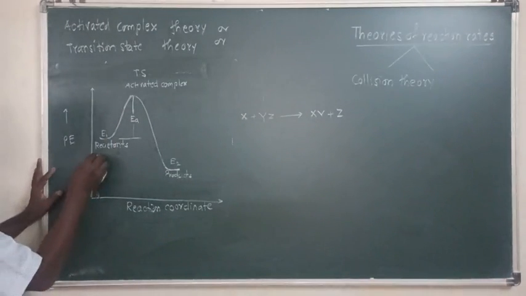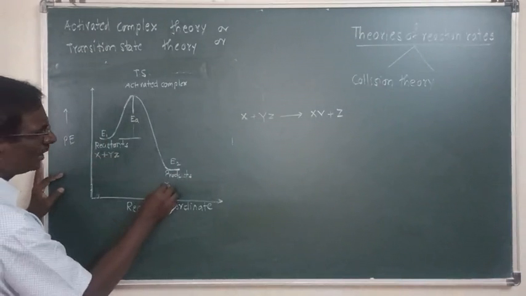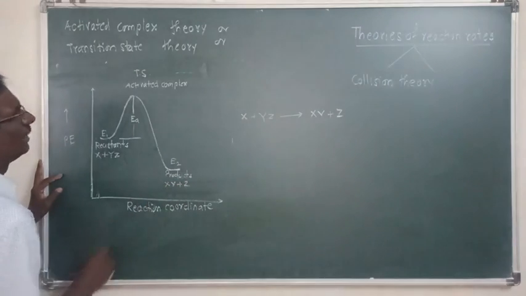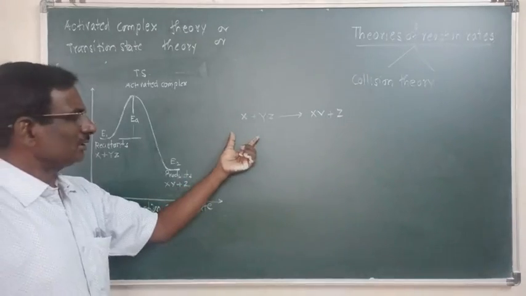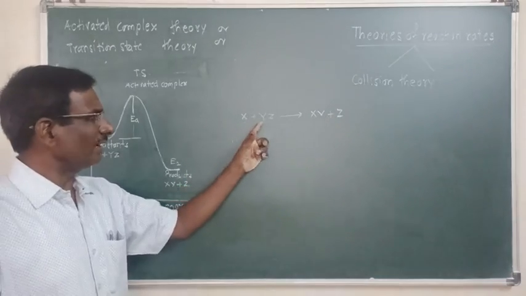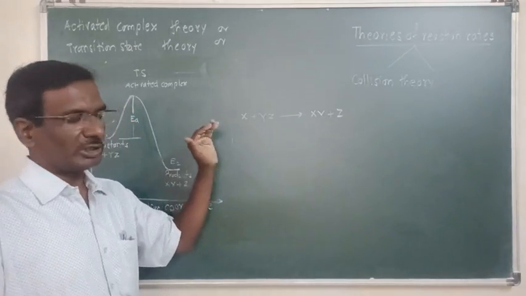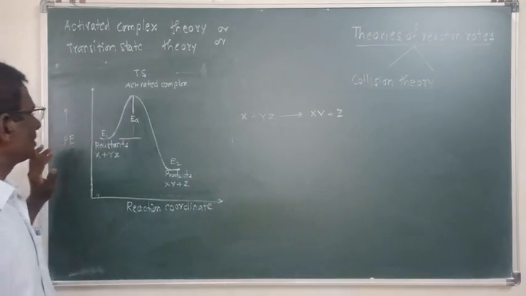Reactants means X plus YZ, product means XY plus Z. In the initial state, X and YZ are far away from each other and the potential energy of the reactants is unaffected.